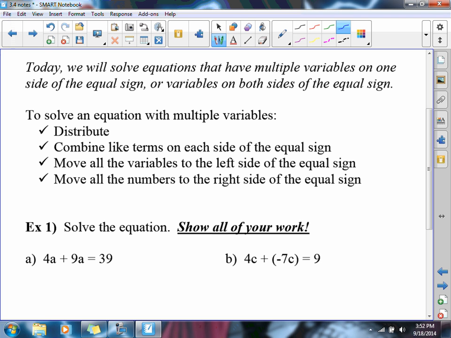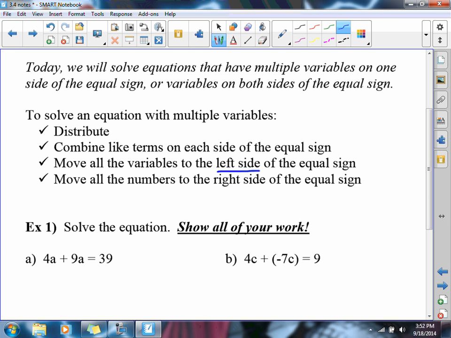We want to do that so that eventually we can do these last two steps. Now, the steps say to move all the variables to the left side of the equal sign. I use that kind of hesitantly, because sometimes it's better to move the variables to the right side. This is the most basic rule, if you just have to follow a rule every single time.